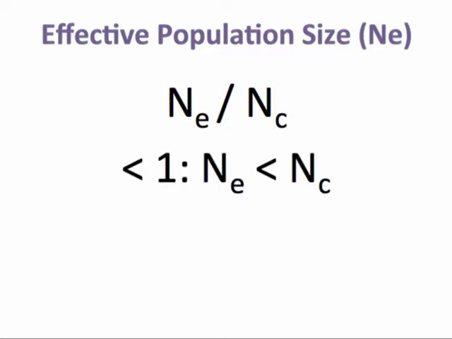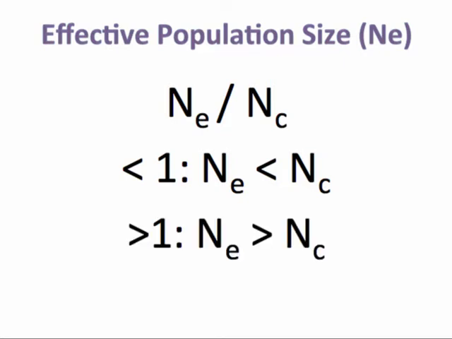If this ratio is less than 1, it means that the effective population size is much less than the census size. So if you have 0.04, that would mean that only 4% of the census size is actually represented in the effective population size.